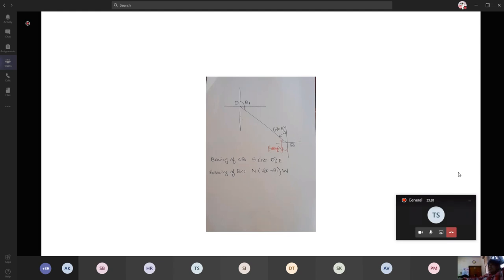The difference between a fore bearing and a back bearing of a line in a whole circle bearing is 180 degree. For a reduced bearing system, what is the rule?